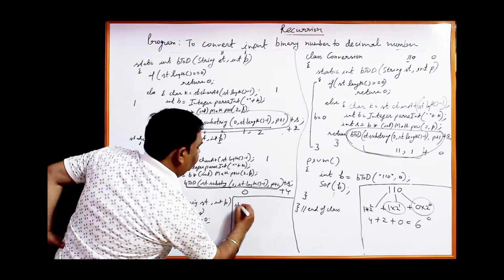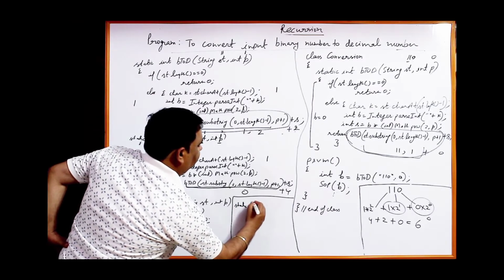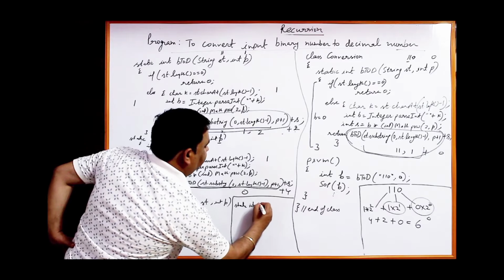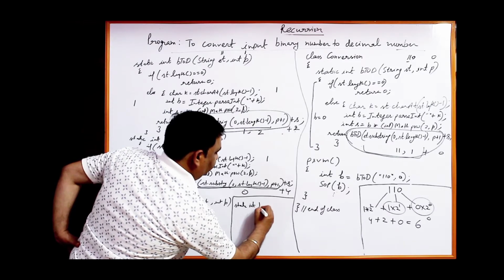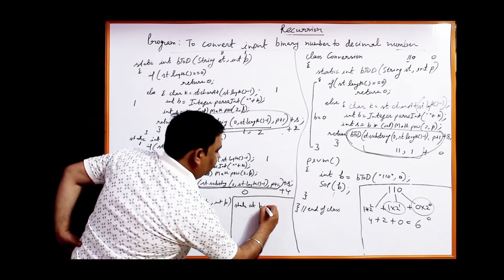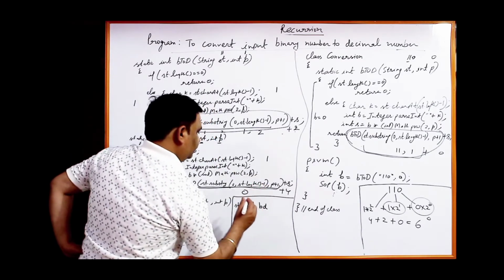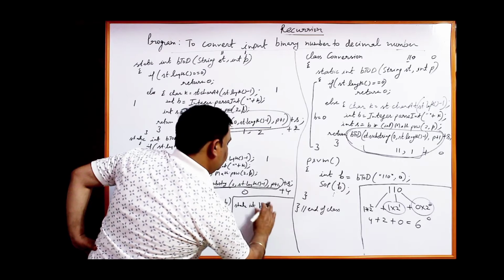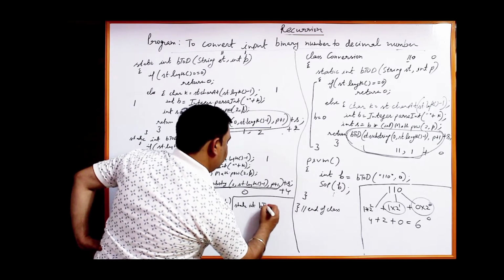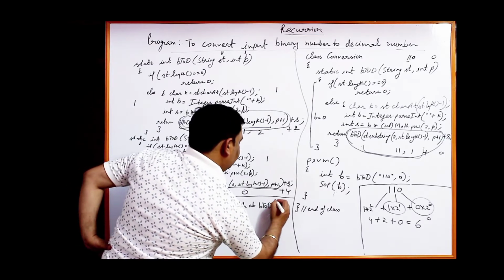Static int b2d, suppose this is the function name, or you can even keep the same name, b2d.